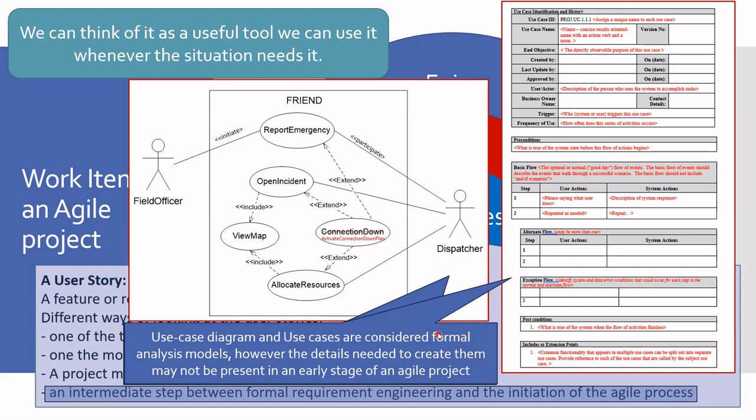The user story concept itself came up from the industry in order to solve this problem. We can't really create that detailed use case model because we don't have enough information yet. So what do we do? We can use the user story as an intermediate step between that detailed model and the initial stages of the work of the project.